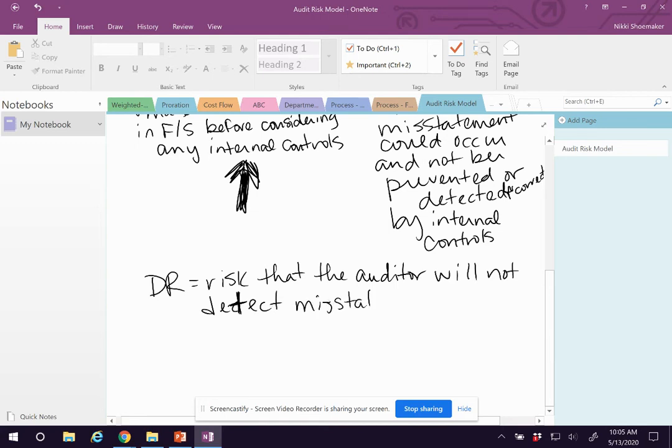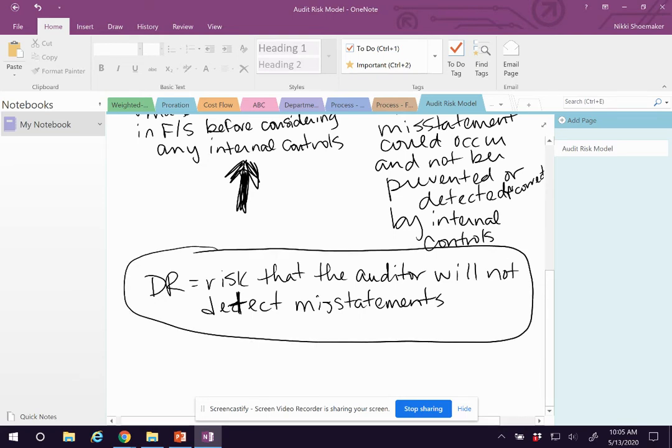So remember that auditors do not sample everything. Okay, we sample a portion. We cannot test every transaction, every part of every account. Because we are sampling, there is a risk that we will not detect misstatements. And even within the things that we do investigate, we still may come to the wrong conclusions. Okay, so that is detection risk.